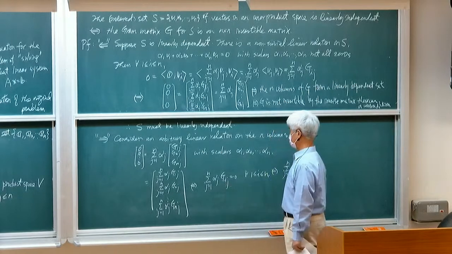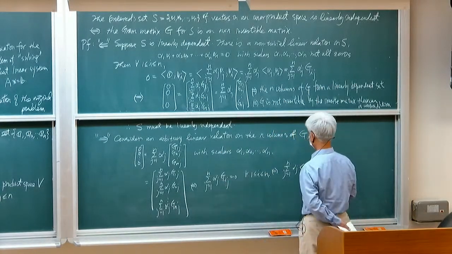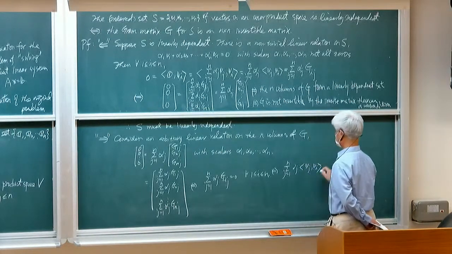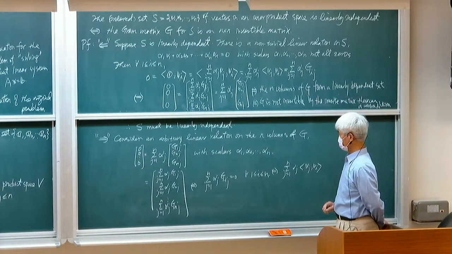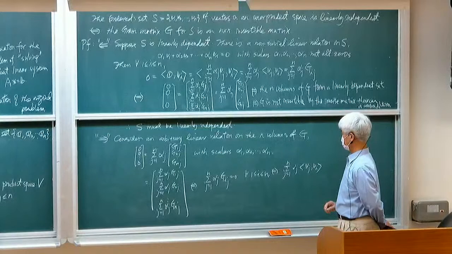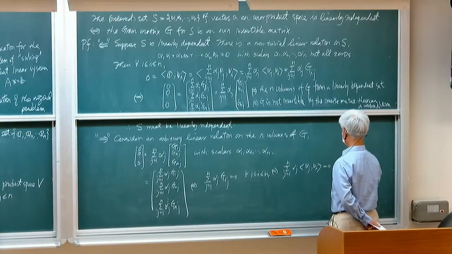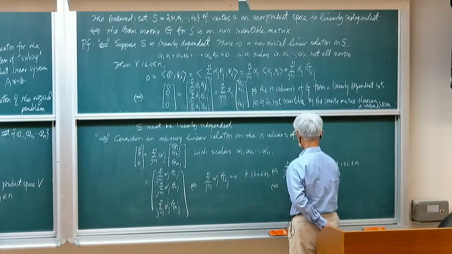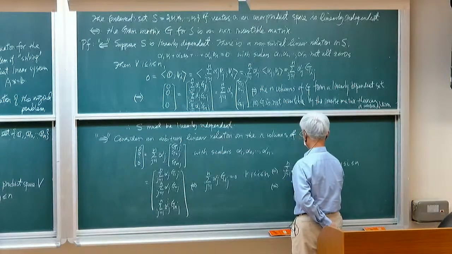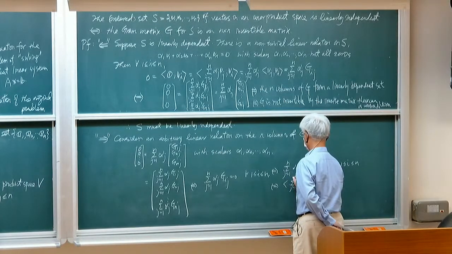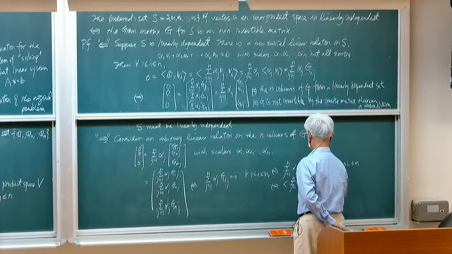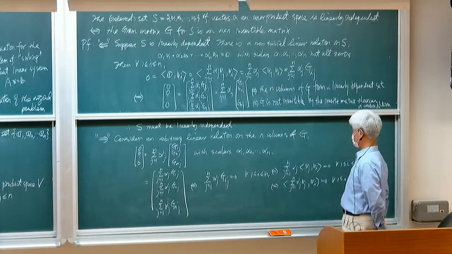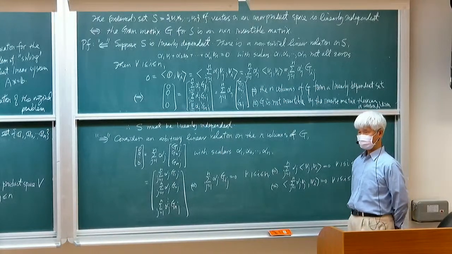By definition, the entries Gij are the inner product of Vj and Vi. So we absorb alpha j into it, so the inner product of alpha j Vj and Vi is 0 for all i.